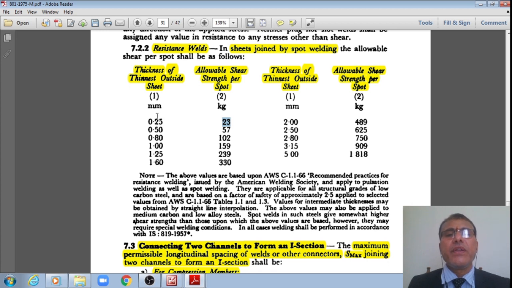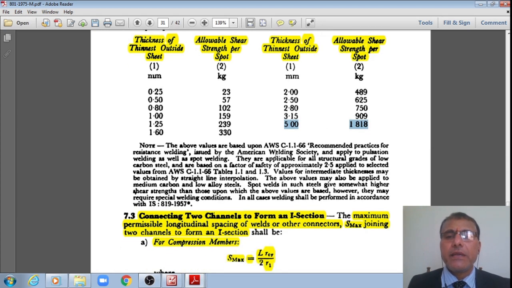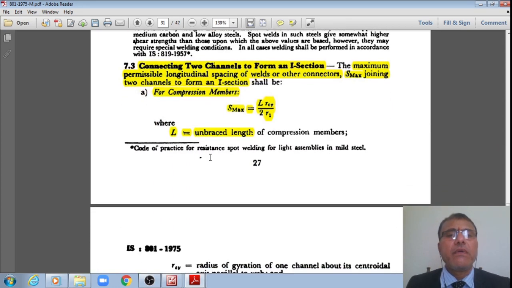Like that, for different thicknesses varying from 0.25 to 5 mm, the maximum allowable shear strength is given, not stress, students, right? Allowable shear strength per each spot is equal to 18 kg, right? That is how the values are defined for allowable shear strength for the welding, right?